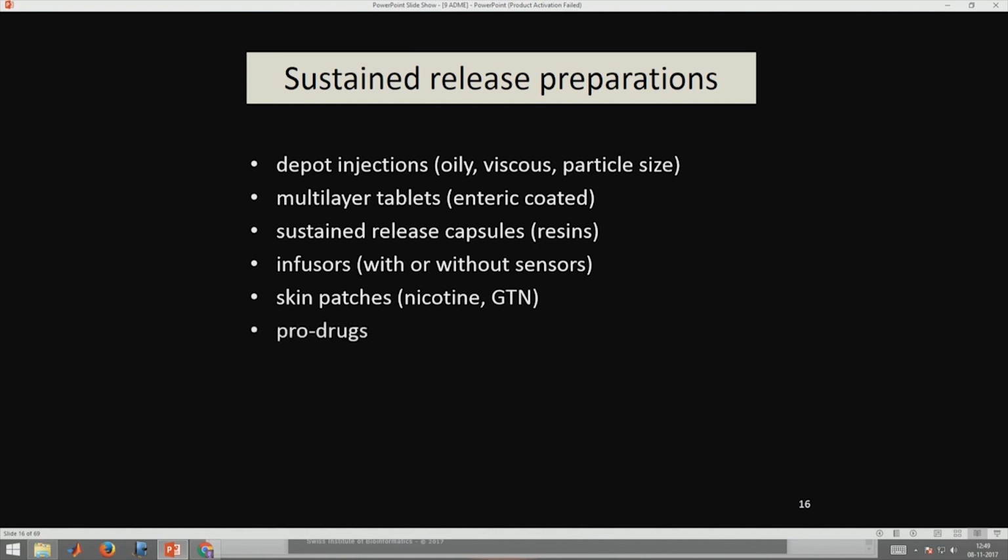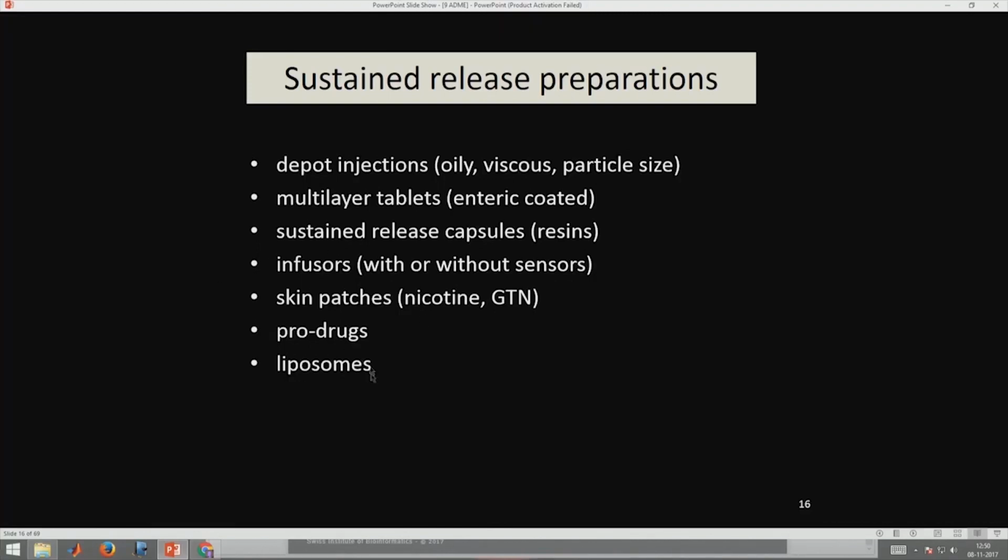Prodrugs, I explained, are a drug and another molecule connected through a bond. The other molecule helps the drug cross the membrane or improves stability, but inside the body the presence of enzymes may degrade the bond and the drug gets released in its active form.